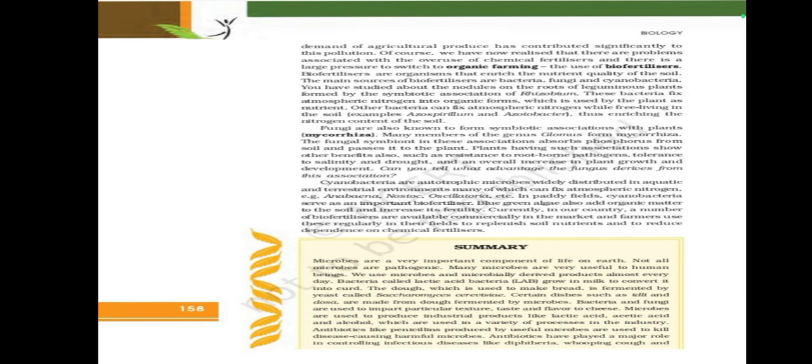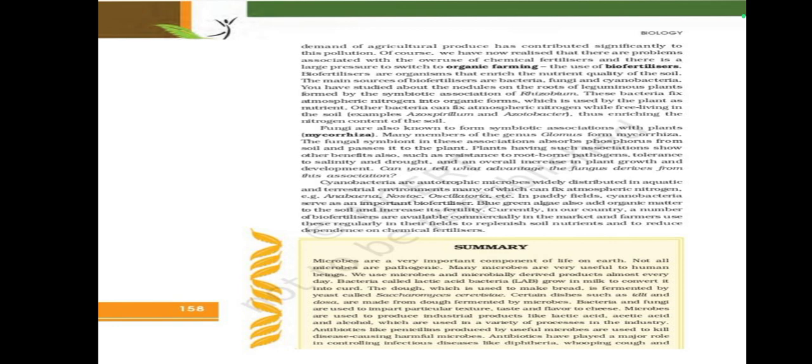Fungi are also known to form symbiotic associations with plants, called mycorrhiza. Many members of the genus Glomus form mycorrhiza. The fungal symbiont in these associations absorbs phosphorus from the soil and passes it to the plant.